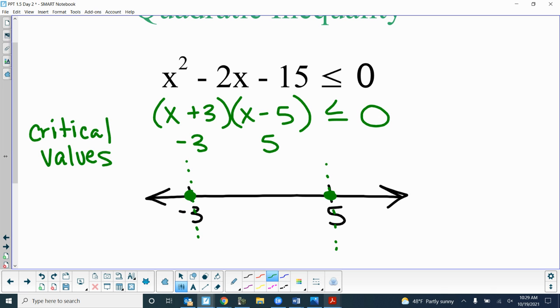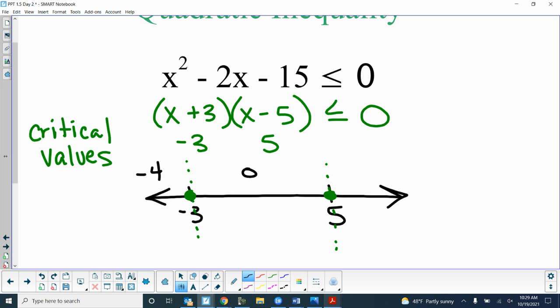So what number would be easy to use left of negative 3? Negative 4, good. What number would be the easiest to use between negative 3 and 5? 1 would be easy, but there's something even easier. Yeah, 0.